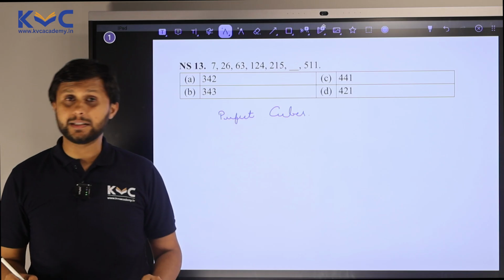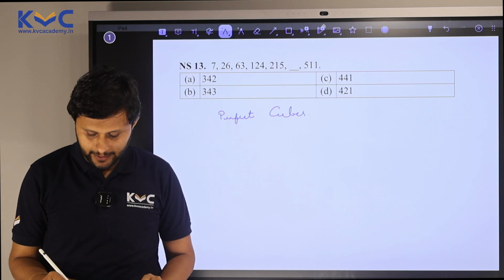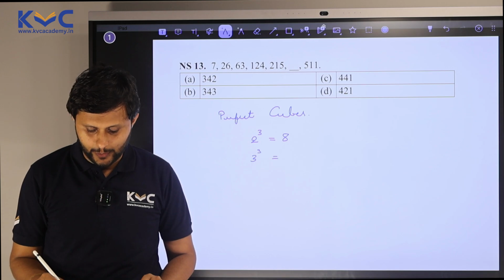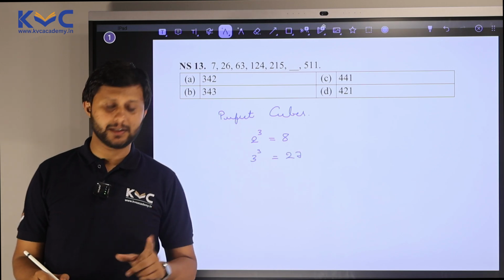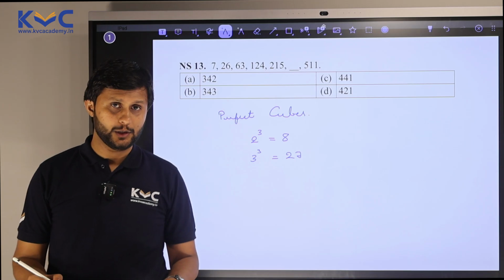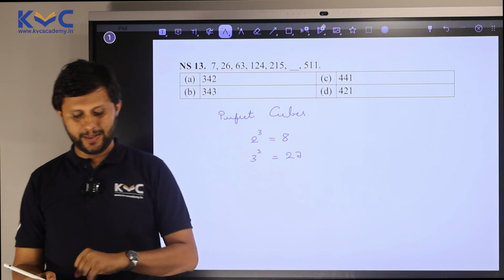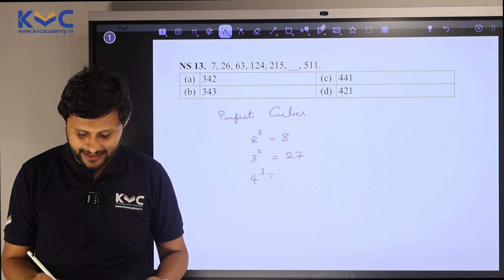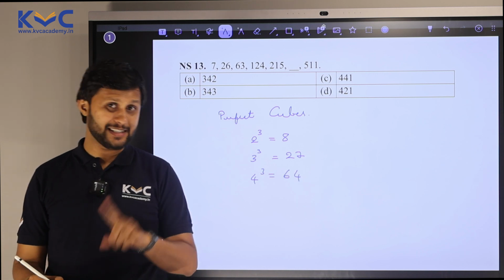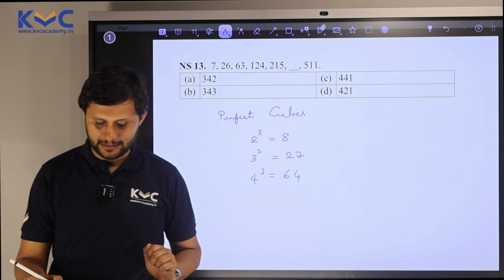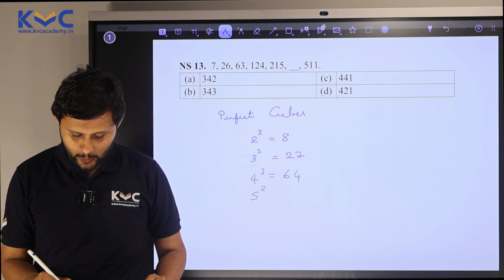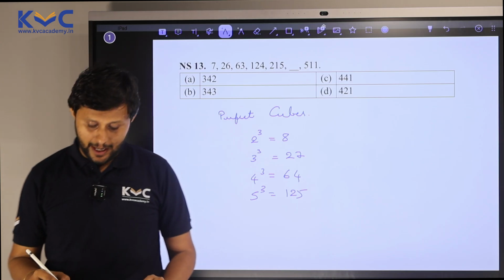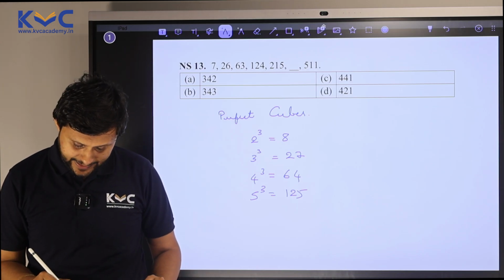We have 3 cube which is equal to 27. Correct? 2 cube is equal to 8. 3 cube is equal to 27. We don't have these numbers. We have one less than that. We have 7. We have 26. What is 4 cube now? 4 cube is 64. But we have 63, one less than that. Correct? So we have 5 cube equal to 125. The number is 124. And then we have 6 cube.